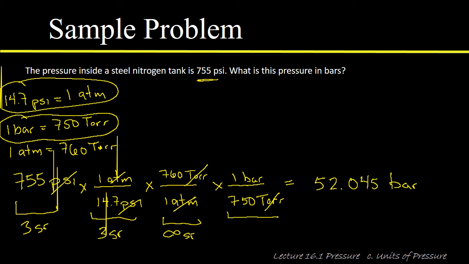And then this one is also an approximation, which is correct to 3 significant figures. So if we look at all of those, it's clear that we need to round our result to 3 significant figures. So that would be our last significant figure. And when we round that, we would get 52.0 bars.